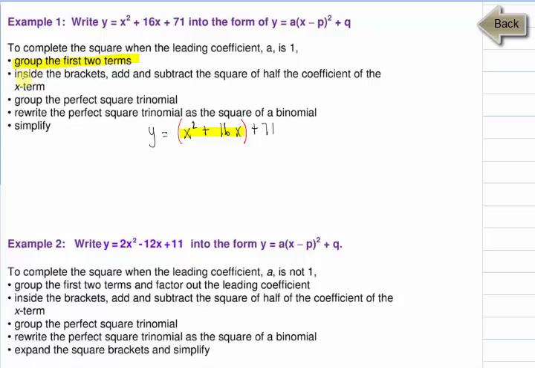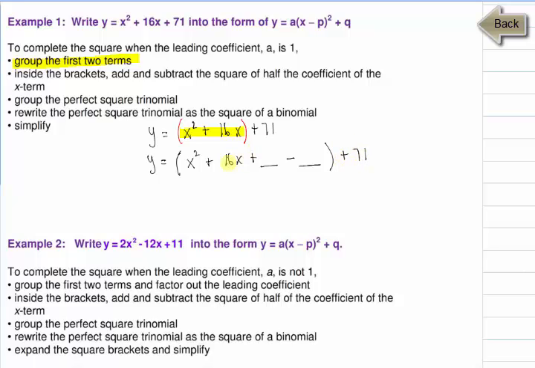Our second step is inside the brackets to add and subtract the square of half the coefficient of the x term. So we want to go y equals, inside the bracket, x squared plus 16x. We're going to add and subtract the same number and leave the 71 outside the bracket.